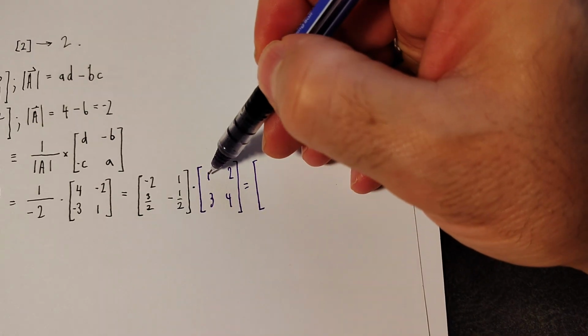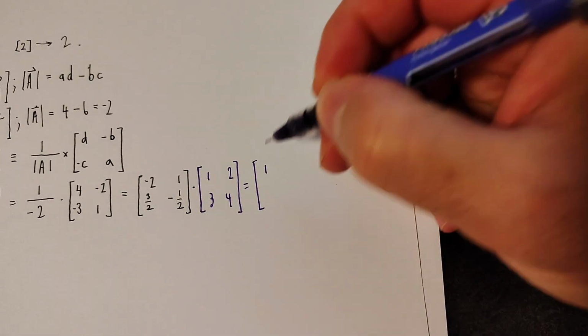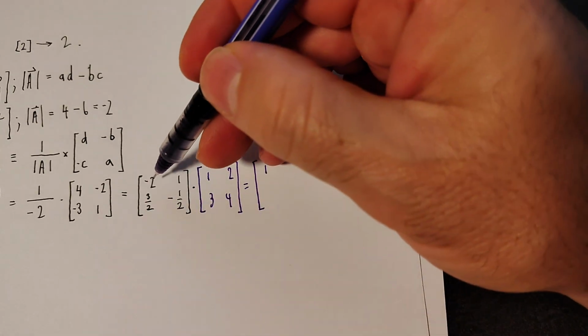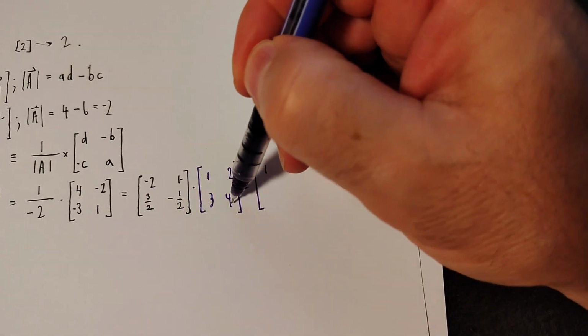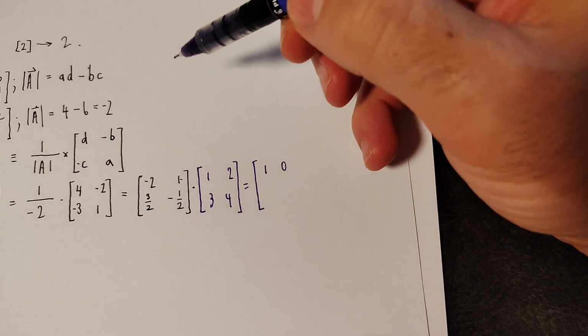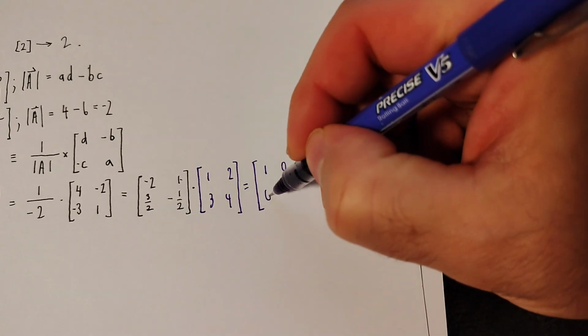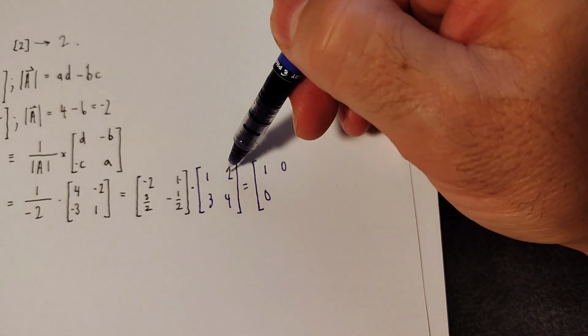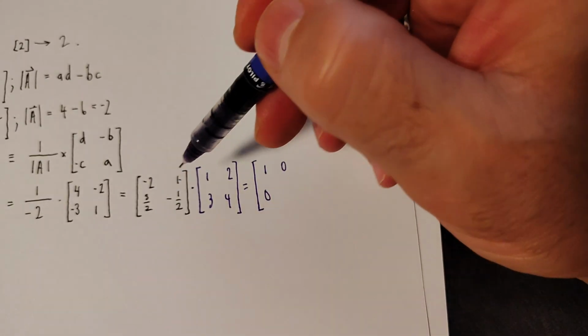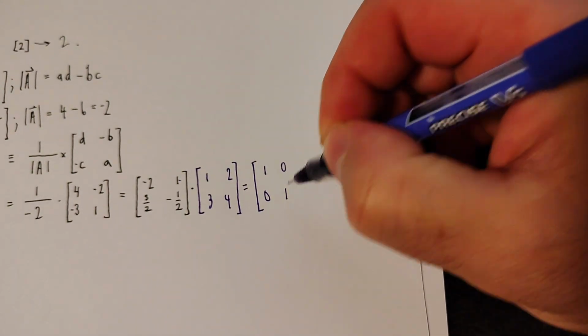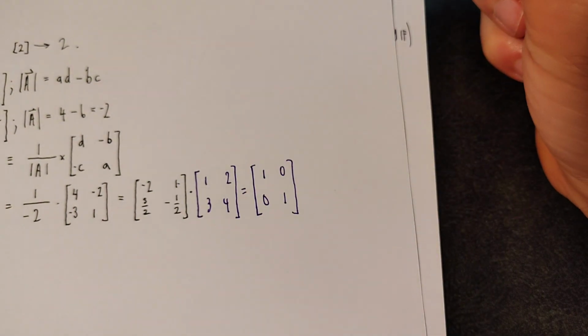So we have negative 2 plus 3 is 1. We have negative 4 plus 4 is 0. We have 3 halves minus 3 halves is 0. And then 3 minus 2 is 1. So this actually checks out.